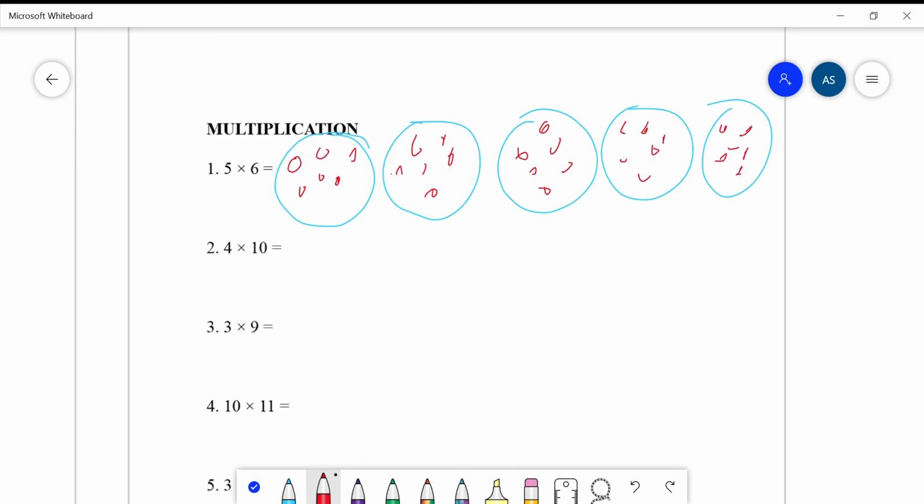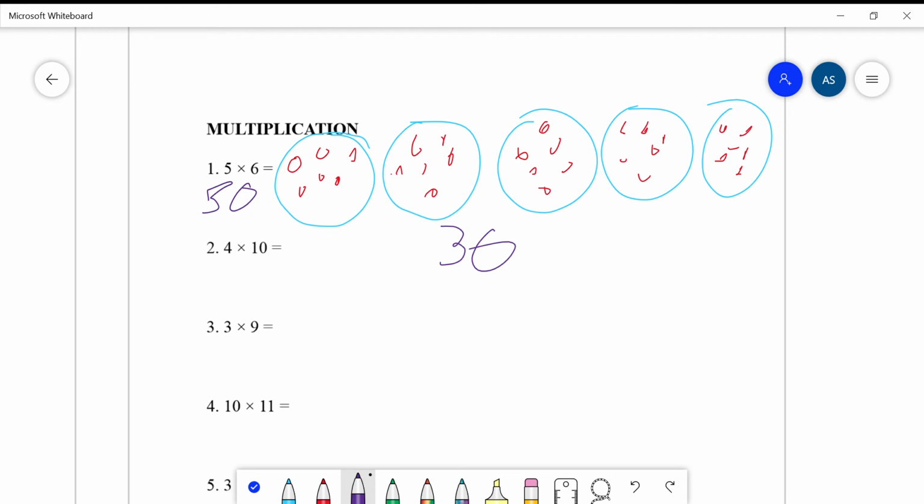Okay, so 5 times 6. If you count every single dot in here now, we are going to get 30. And so the answer for 5 times 6 is 30. Right?